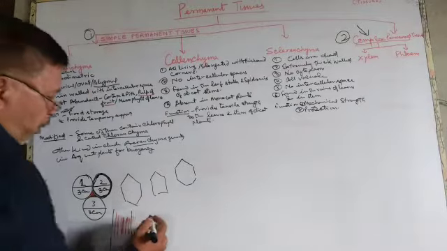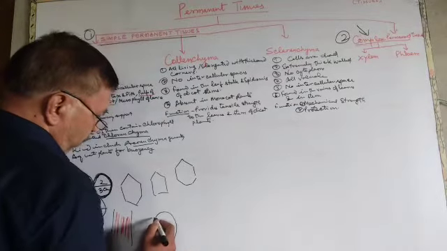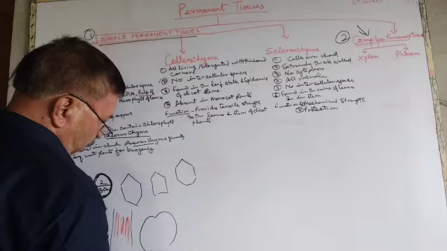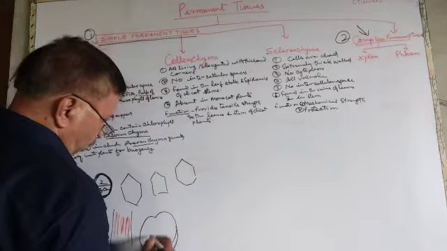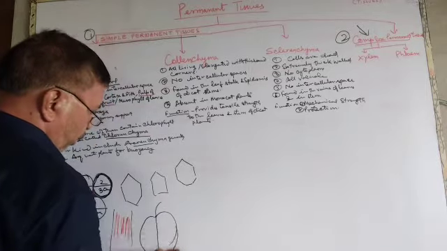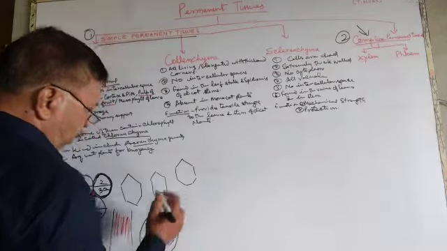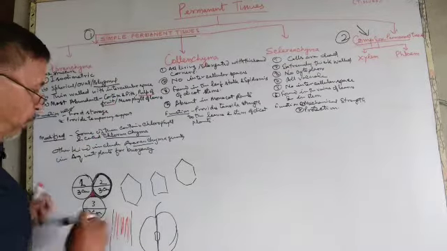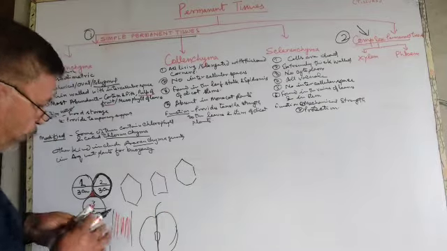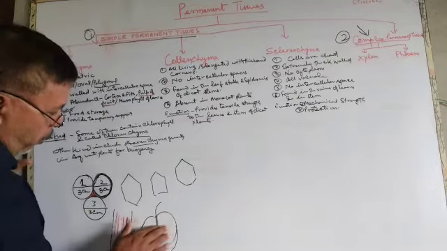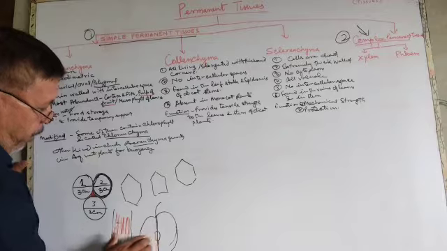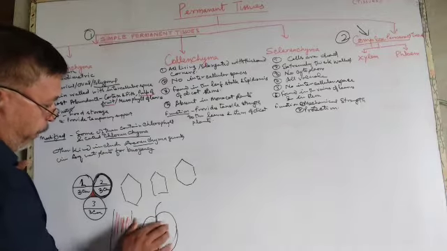If this is the apple and you cut it into half, this portion is the parenchyma that you eat. This is made up of parenchyma.